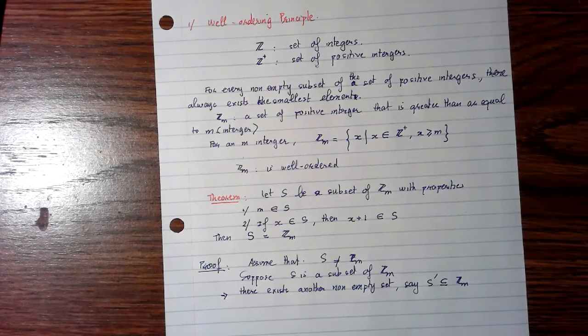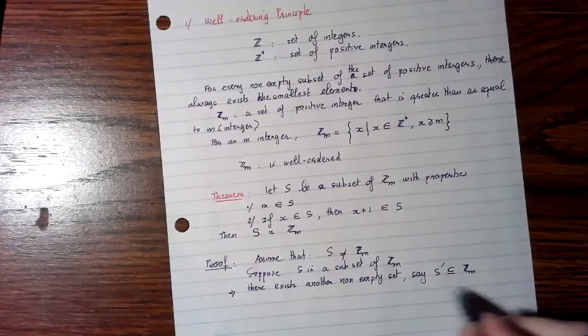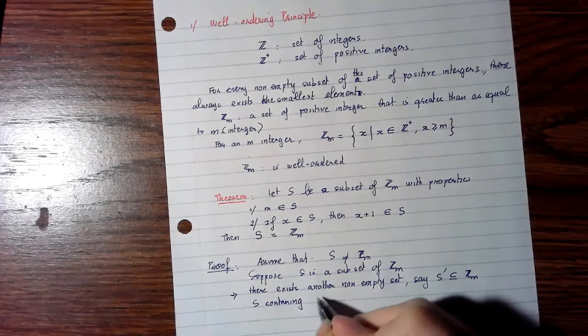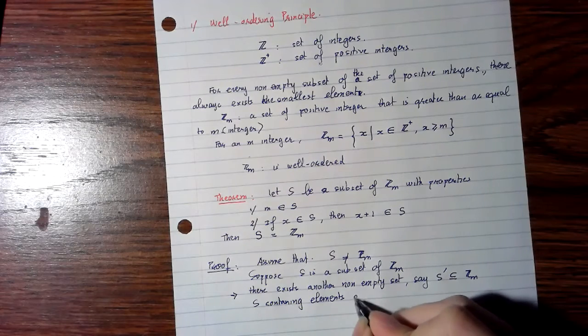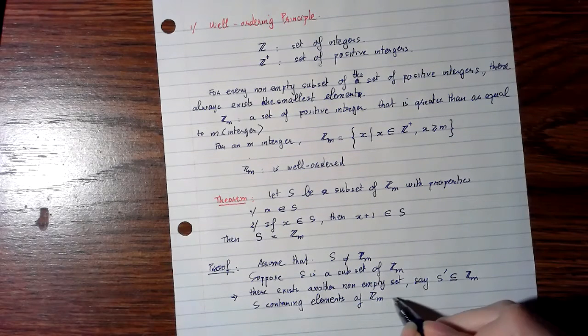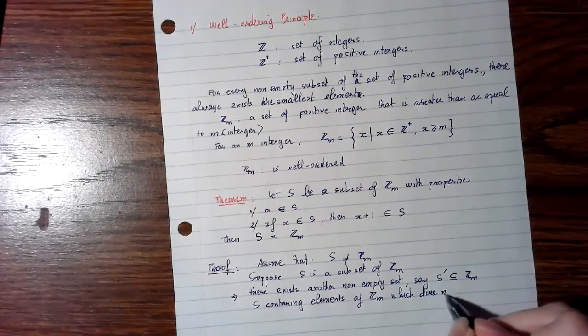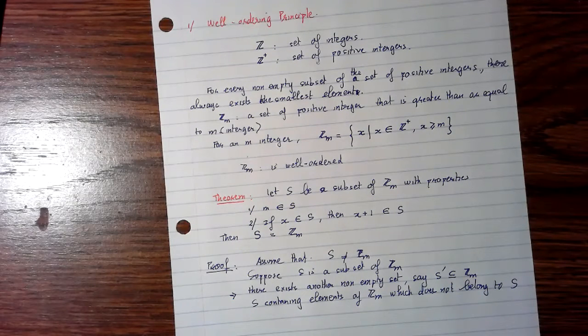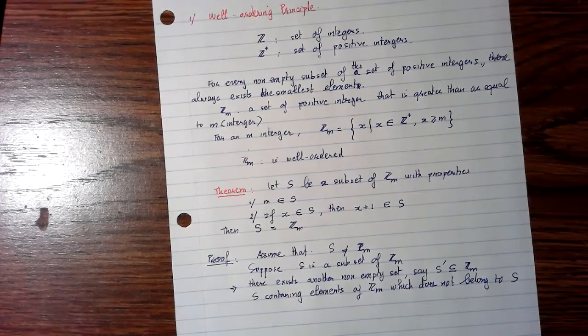And because it's also a subset of Z sub M, it contains some element of Z sub M, not all of them, but just some element, which does not belong to S. Well, if I draw the picture for you, you can see right away.